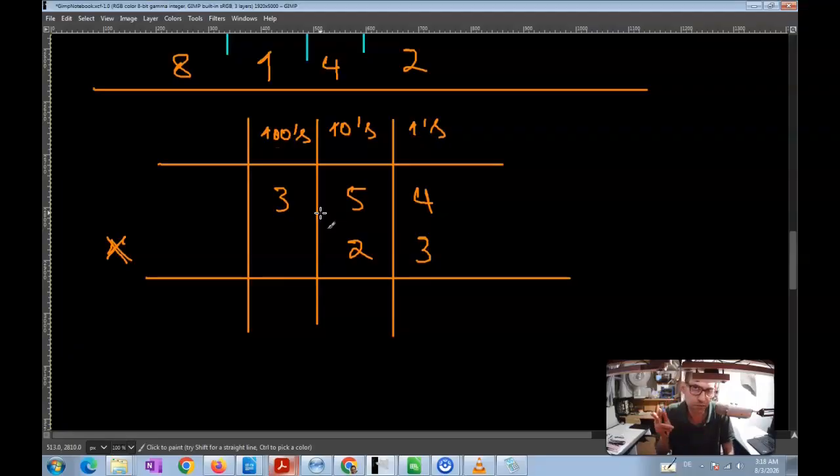So the first number has 3 parts. And the second number is a 23, which has 2 parts, a 20 and a 3.